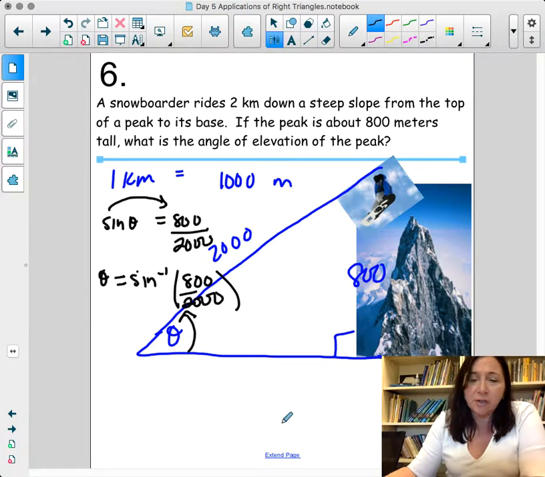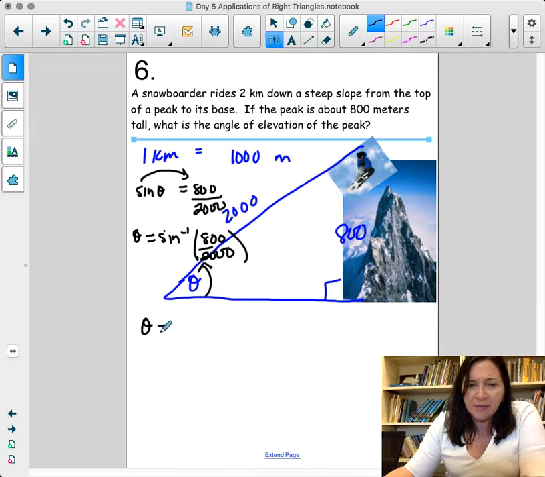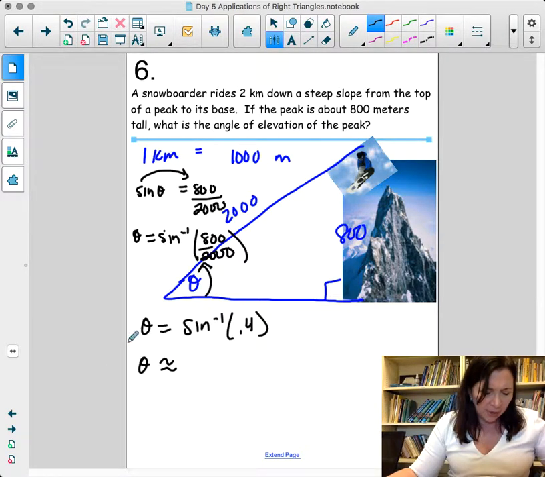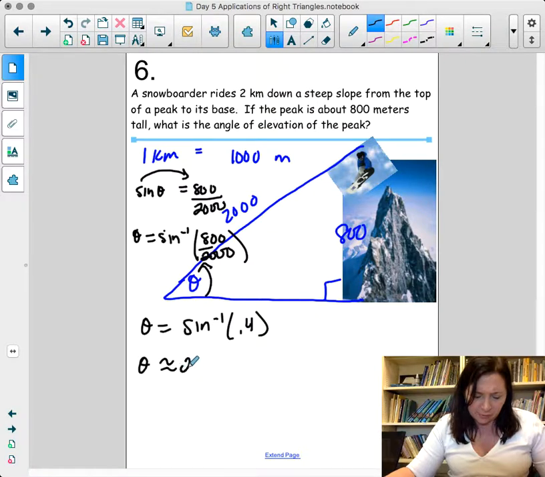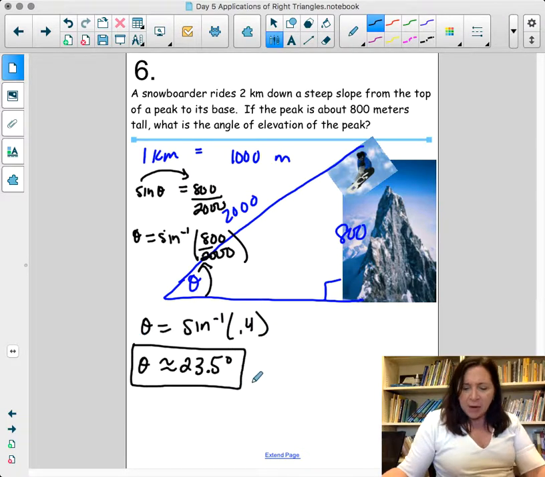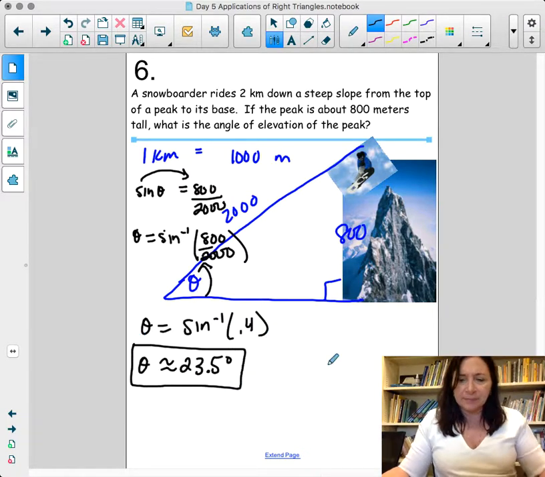So theta is equal to arc sine of 0.4. Using my calculator, arc sine, I'm going to get approximately 23.5 degrees. So that's my angle of elevation.